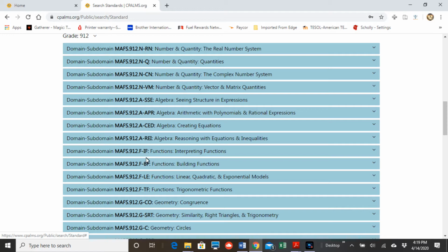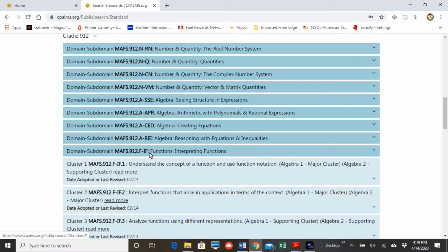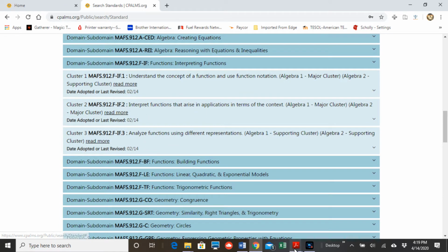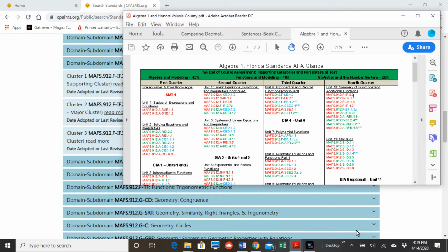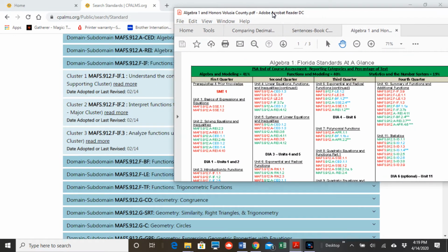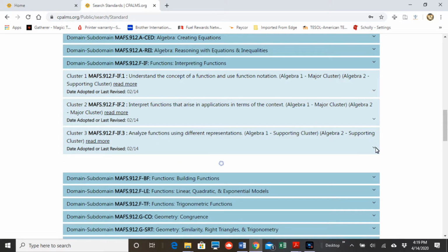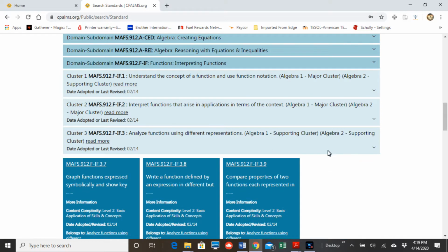They're not going to put the exact one because you have to expand it. So it's FIF 3.9, so this is the 3 right here. So what I'm going to do is I'm going to click on this arrow key, and there we have FIF 3.9.